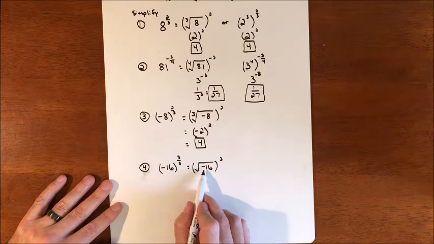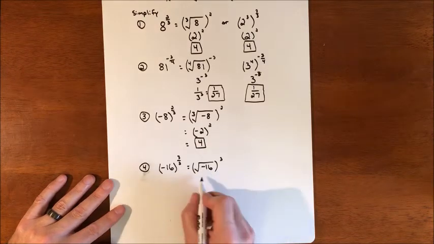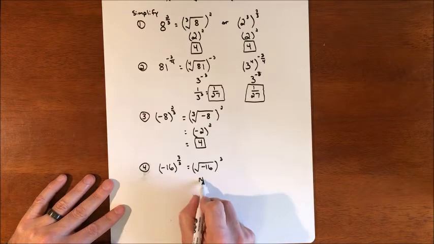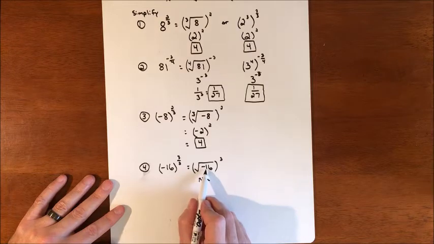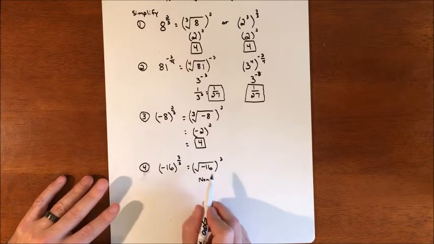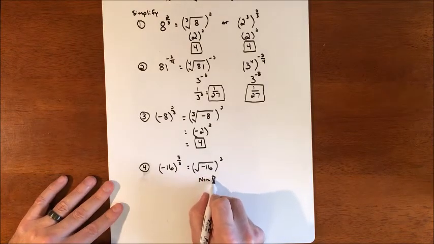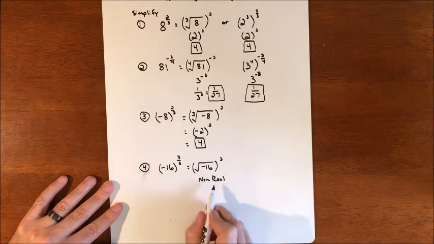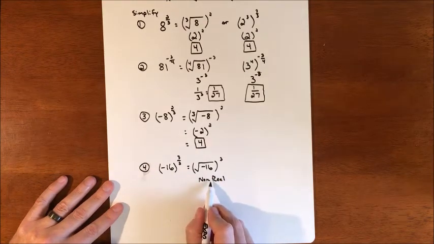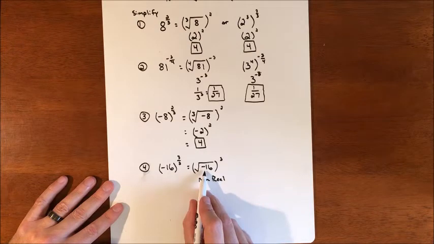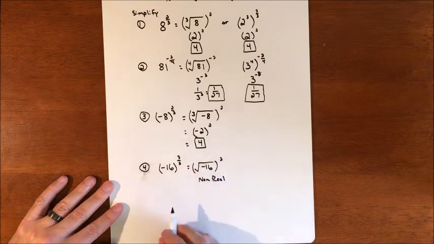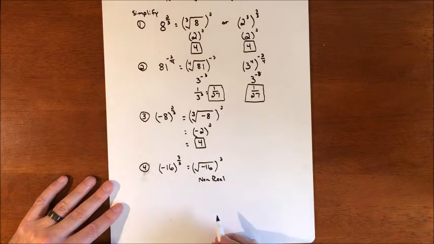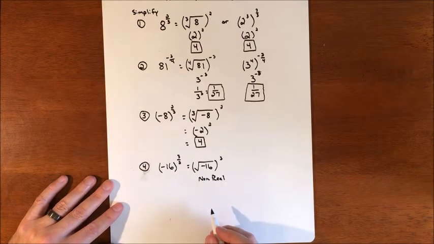If you haven't dealt with imaginaries, this is non-real, because you can't come up with two numbers that are going to multiply to get you a negative 16. It's going to be a positive and a negative multiplied together, but they're not the same. So depending upon where you're at, that's non-real. If you've done the imaginaries, then you can square root this to get 4i, and then you can raise it to the third power and continue. So it depends on where you're at.